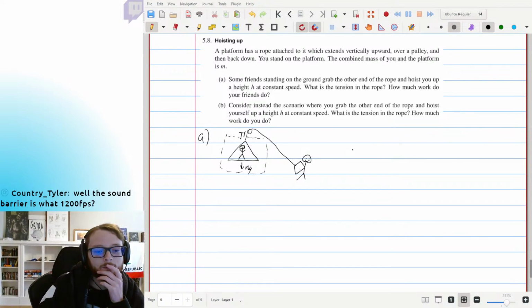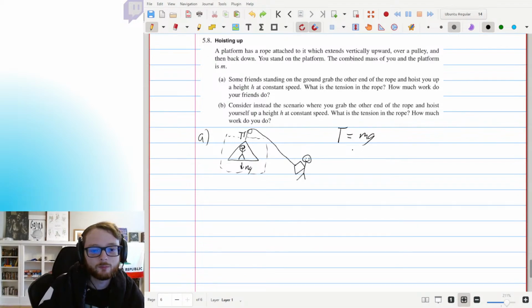Okay, this problem, we're moving at a constant speed, so I think we can say that T is equal to mg in response to the tension in the rope problem. And then how much work do my friends do? My friends are pulling against the tension force, and tension is just mg.